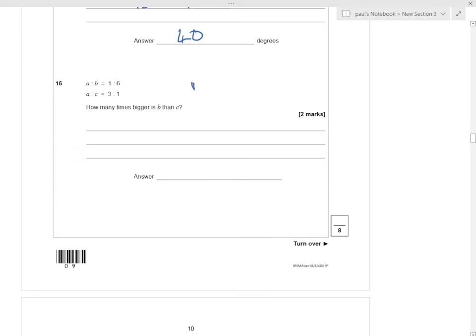Right, this one is ratio. And what we're going to do is put the A's together. So I'm going to write this round the other way. So I'm going to write B to A is 6 to 1. And then I'm going to write A to C is 3 to 1. Now, we can't make a relationship between B and C until we have A exactly the same.